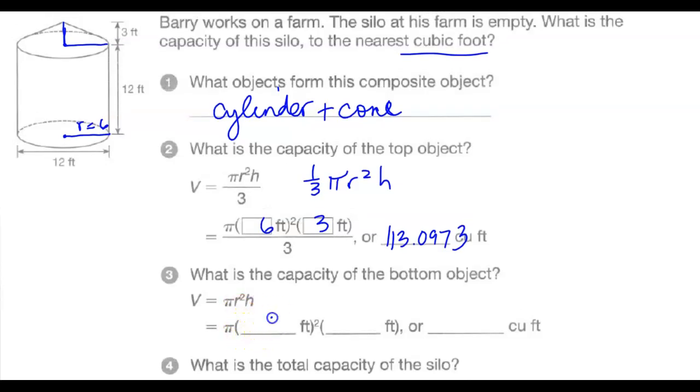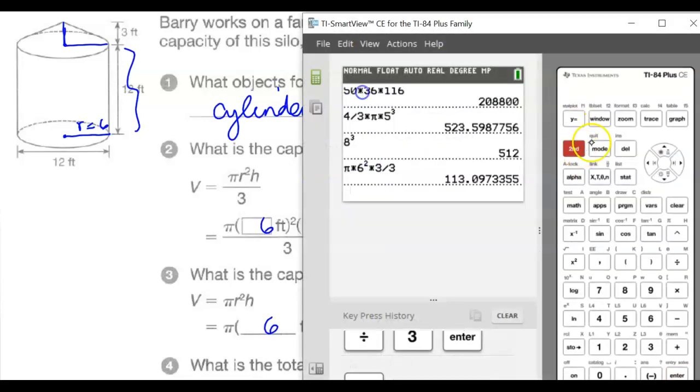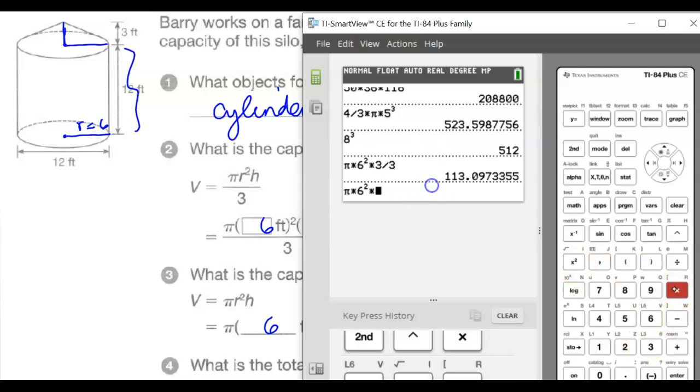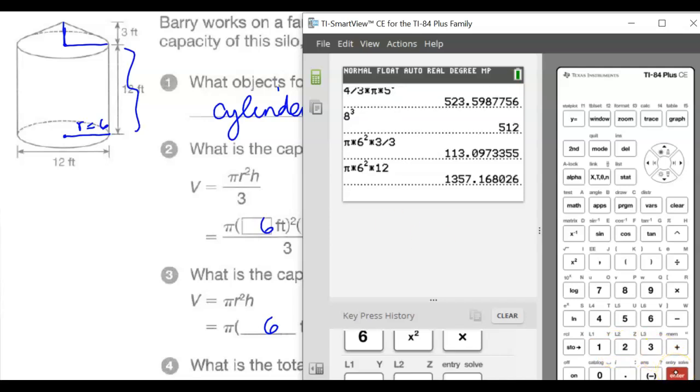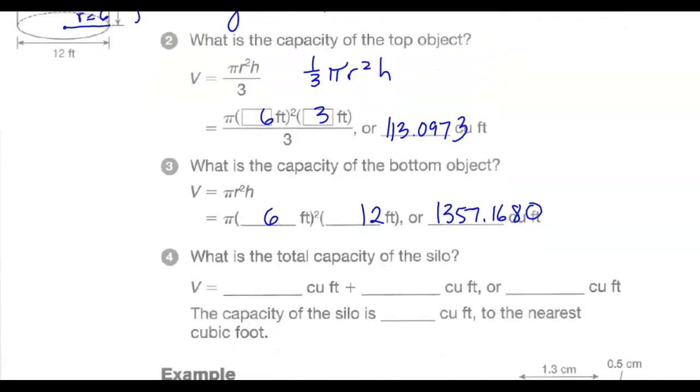So that's pi r squared, 6 squared, times the height, which is just the 12 there. So that is pi times 6 squared times 12, 1357.1680. And so in total, we add them together.